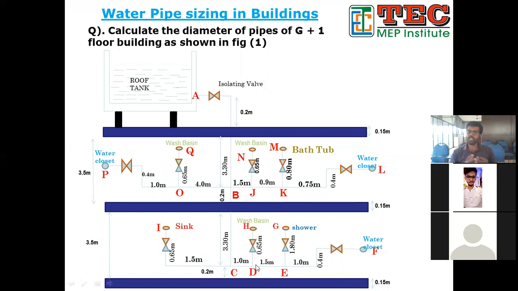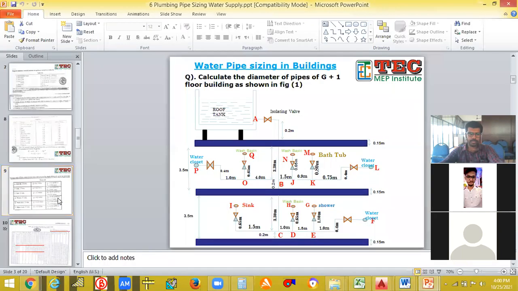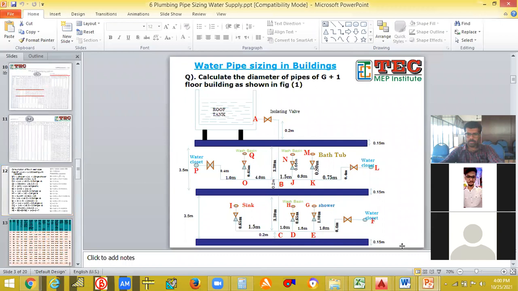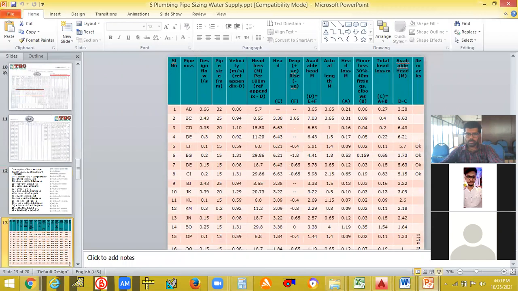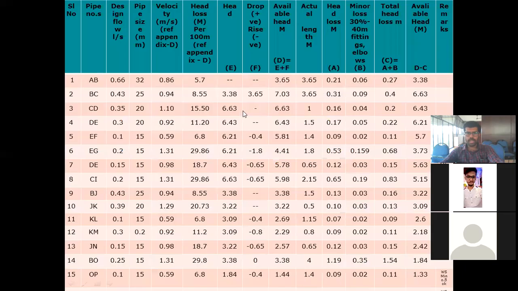So you don't want to write any drop. There is no drop because the water is not coming from up to down or going from down to top also. So for this CD there is no drop, so you can keep that blank.